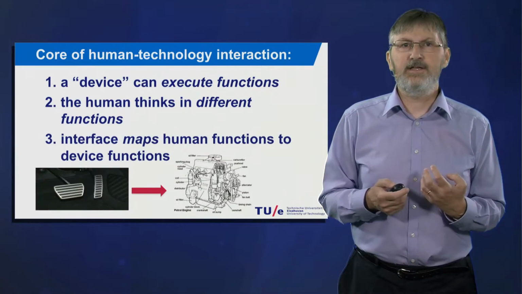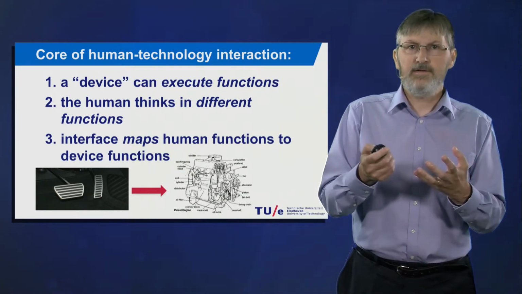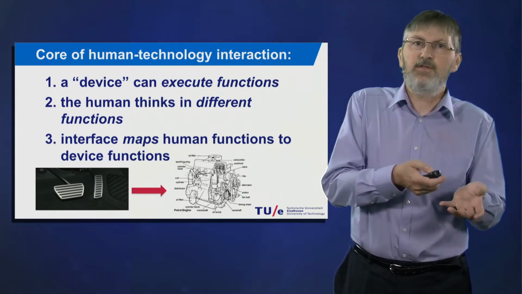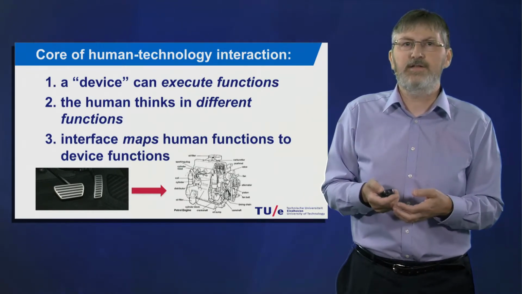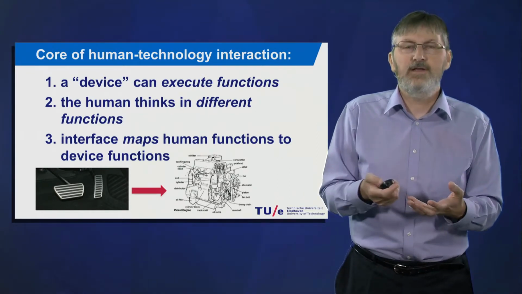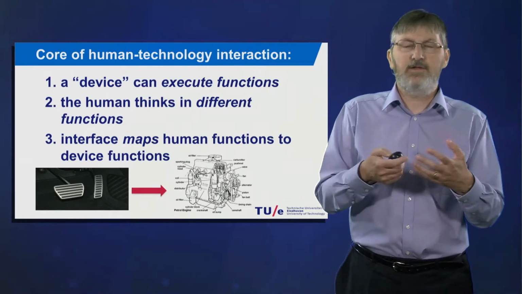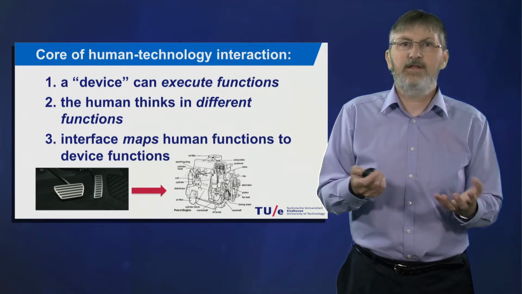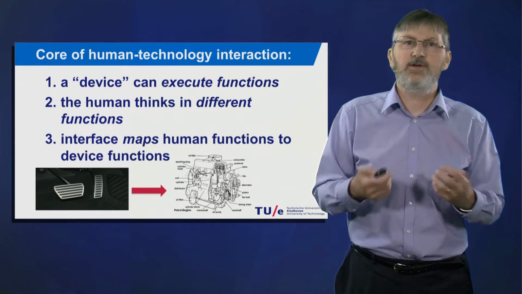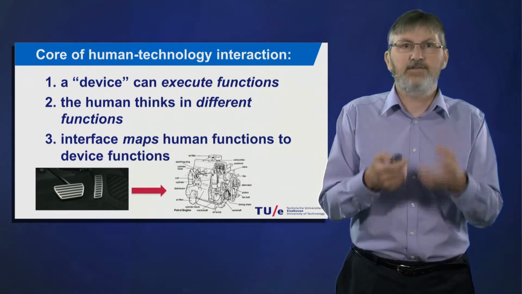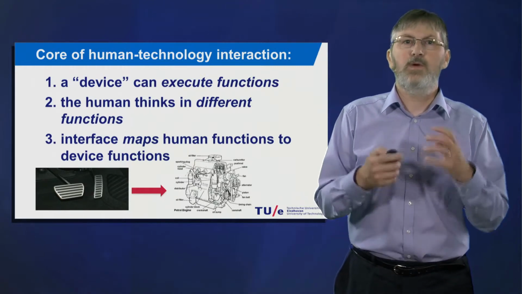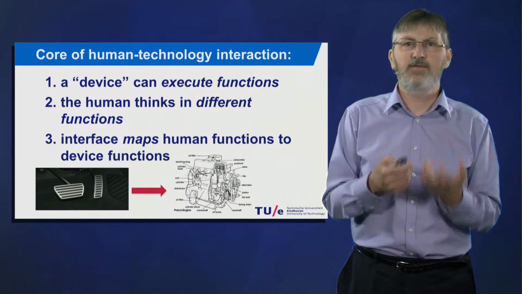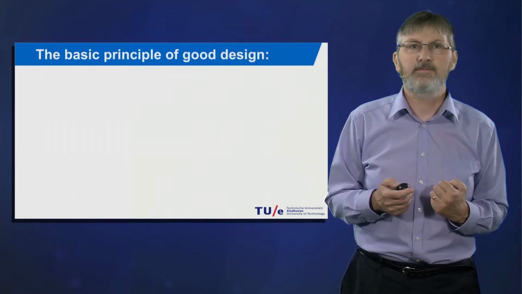Interaction design is all about mapping the functions the humans think of into the technical functionality that is needed. Obviously, this mapping is not a one-to-one mapping. And in cars, for historical reasons, the interface is often still way too close to this one-to-one mapping. We want to do much better in the novel interfaces that we design.